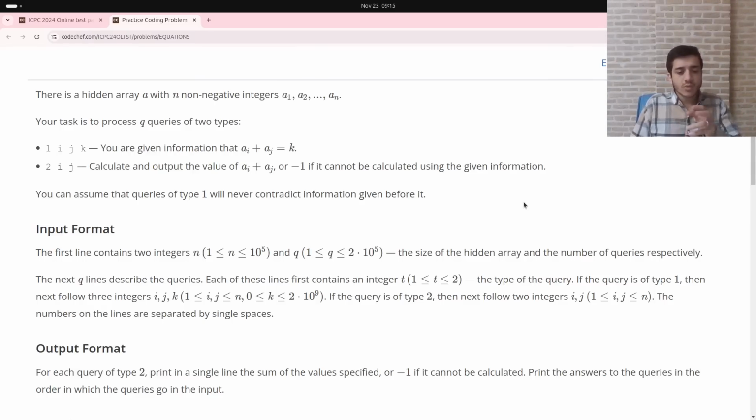Consider a connected component in the graph that we are making. If this connected component forms a tree, we can find the values of each element.